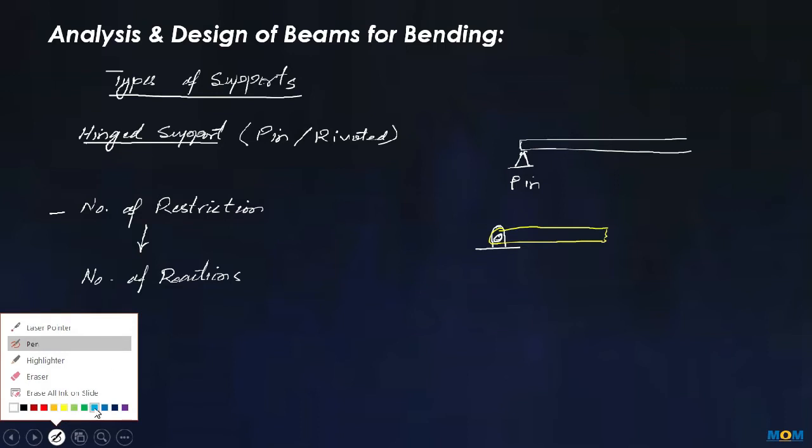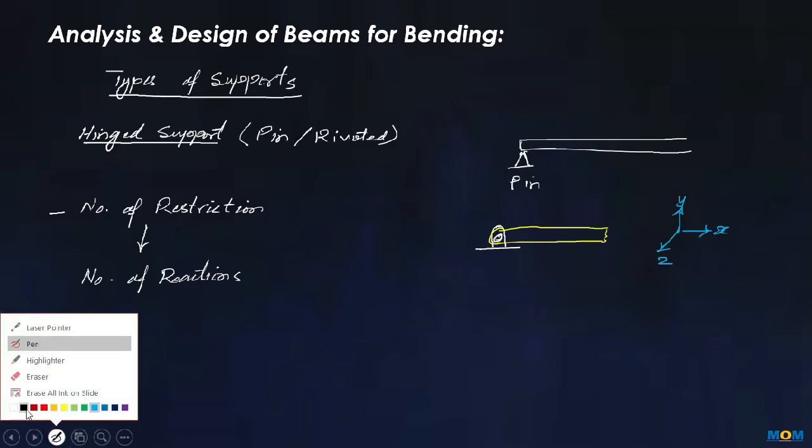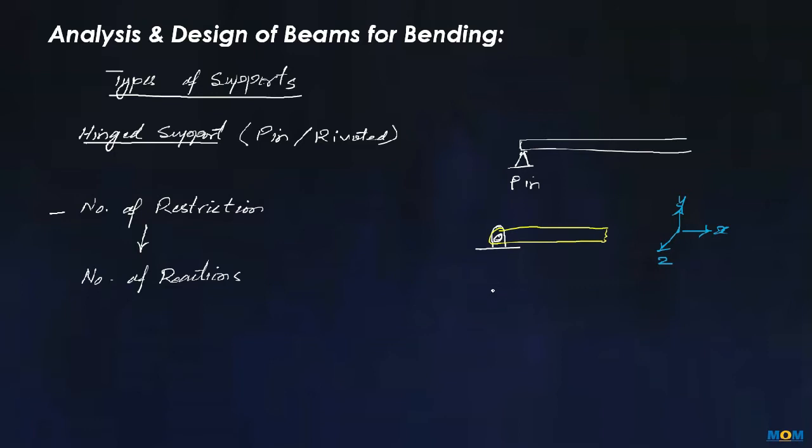Now if we consider this is the x-axis, this is the y-axis, and out of the board is the z-axis. Considering this hinged or pin support, because of its application there is no possibility of translation along the x-axis.